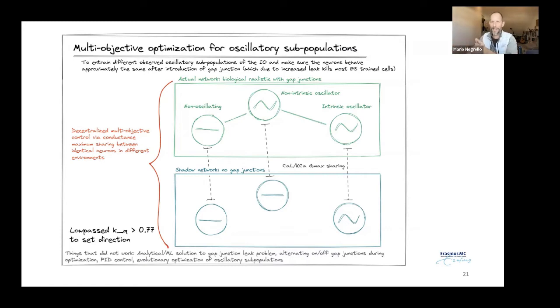The kind of problem that we have is that if you remove the gap junctions from a modeling network like this, you have increased leak, and that kills most of the trained cells from the evolutionary search.